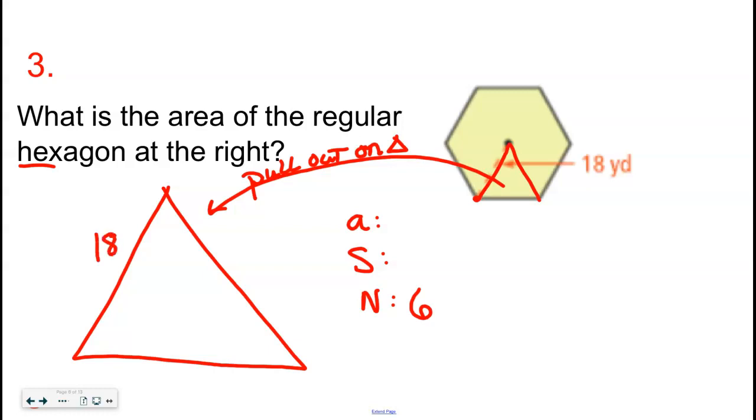Go ahead and label it. That's not the apothem. It's not the side length. It's the radius. So it can't go in my formula, and it can't go there. All right? So my problem is I need to figure out, so let's go draw it. I need to drop the apothem. I'm going to label it A.